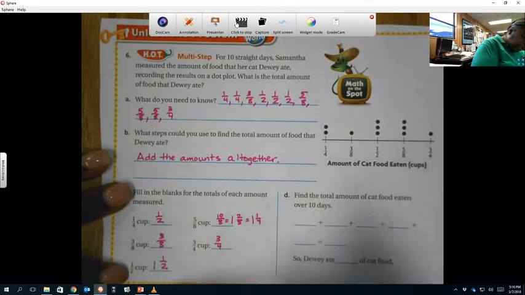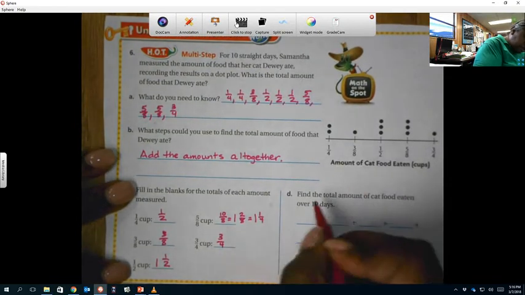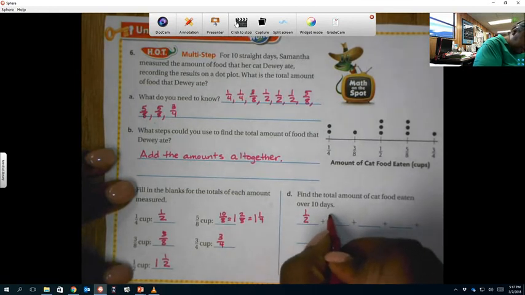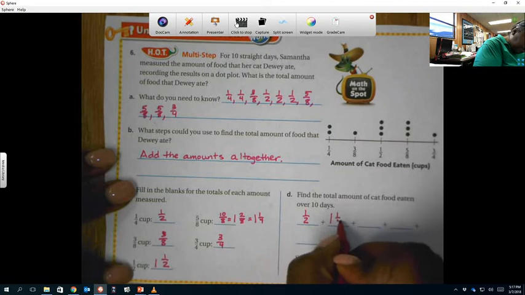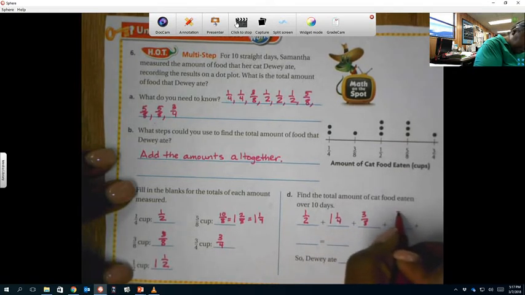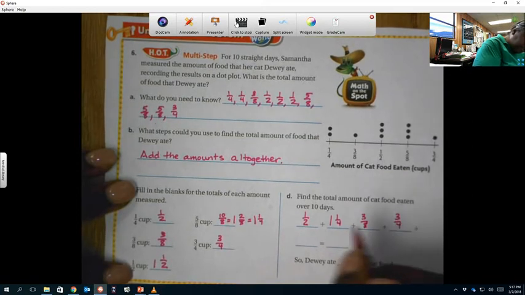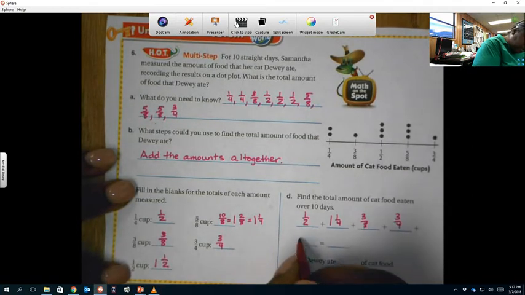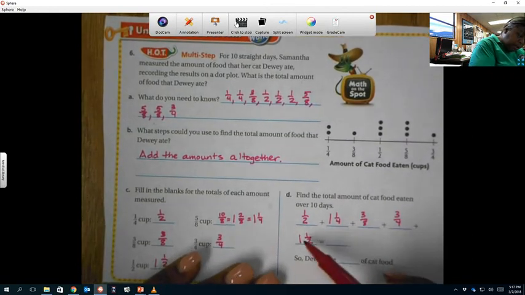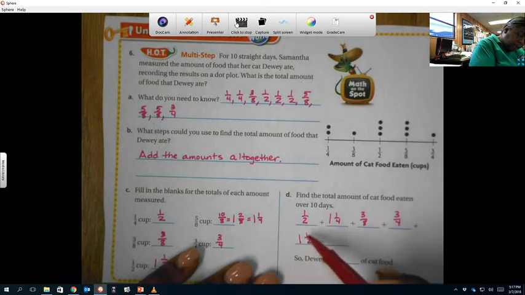So now I'm going to take all of my totals here: 1/2 plus 1 and 1/4 plus 3/8 plus 3/4 plus 1 and 1/2, and give my total. So I have 1/2 and 1/2, which makes a whole.